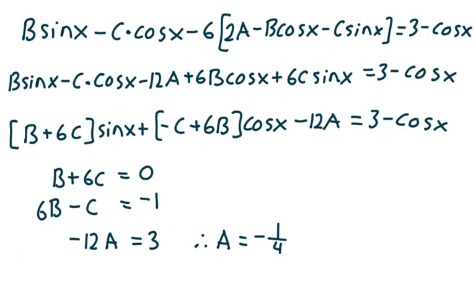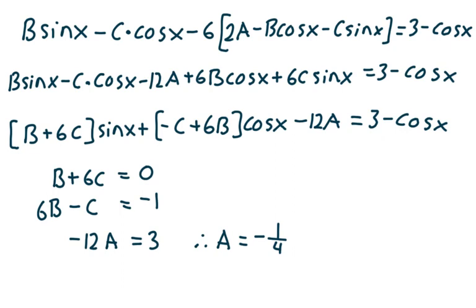I go ahead and make my substitution, and I get b sine x minus c cosine x minus 6 times the quantity, 2a minus b cosine x minus c sine x is equal to 3 minus cosine x.